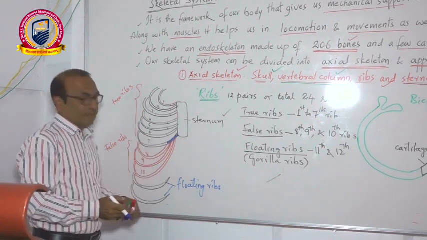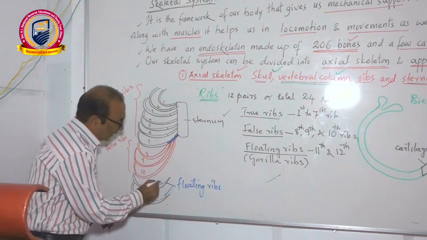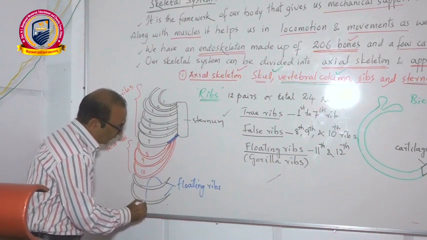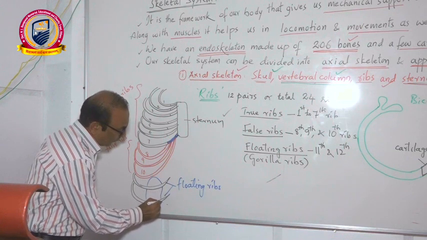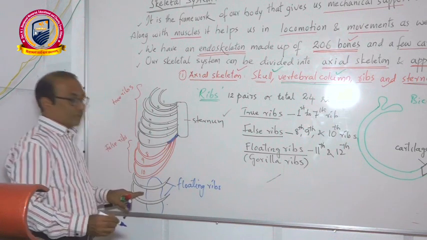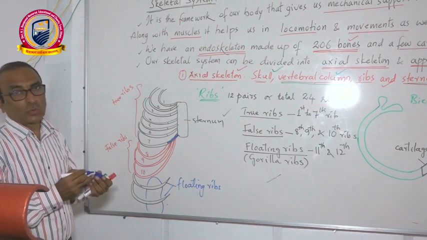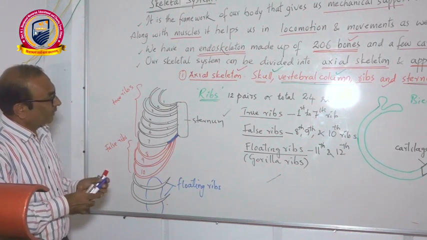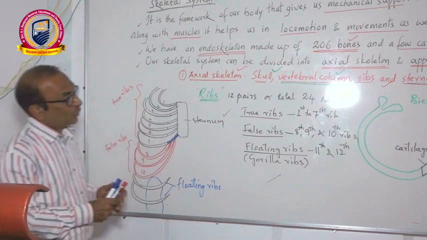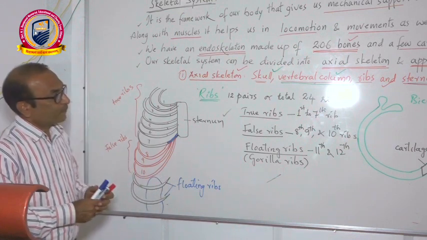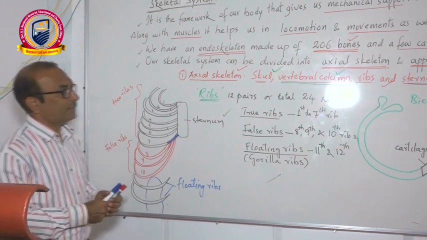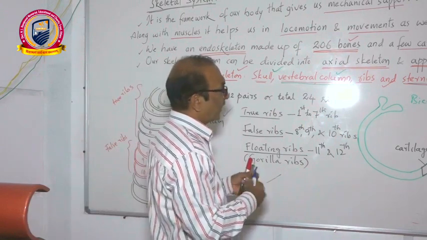They are the last ones, and they actually protect our kidney. So they protect the kidneys from external shocks. So that is how the ribs are located. So in total we have 12 pairs of ribs, that is 24 ribs.